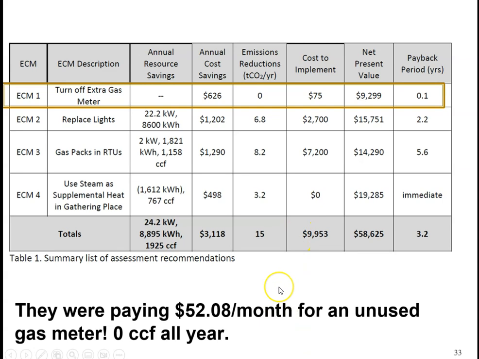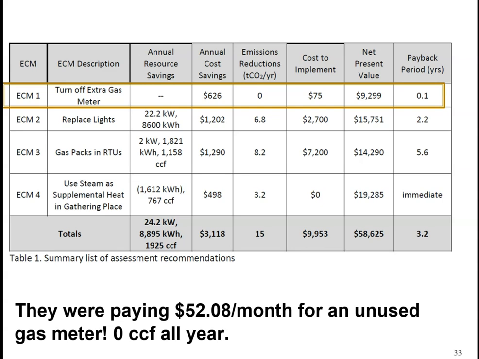This is from an energy audit that we did, and you can see our energy conservation measure, ECM. It turned out that this building, and we found this out by performing the utility analysis, has 2 gas meters, and one of them doesn't use any gas at all. You go through 12 months of bills, and there's 0 CCFs of gas all year long.